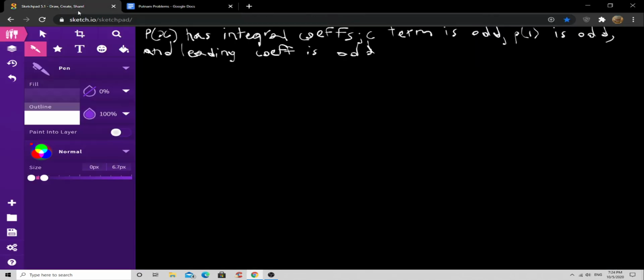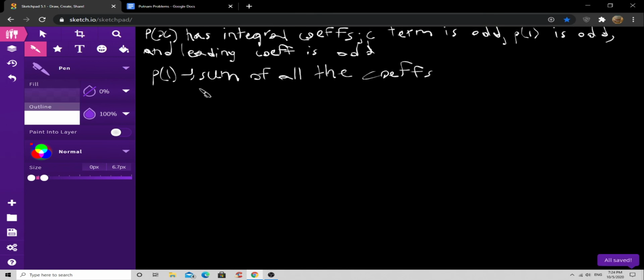So notice that p of 1 is just the sum of all the coefficients. Okay, so p of 1 is nothing but the sum of all the coefficients.